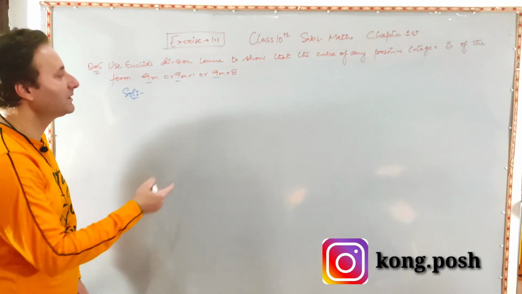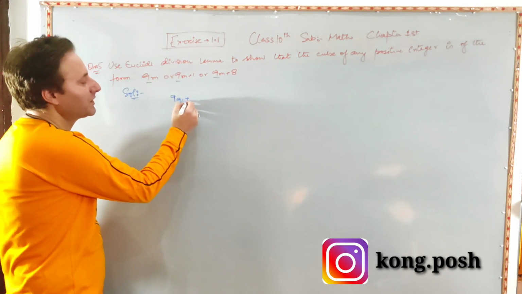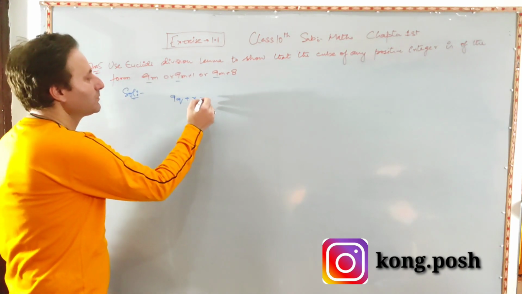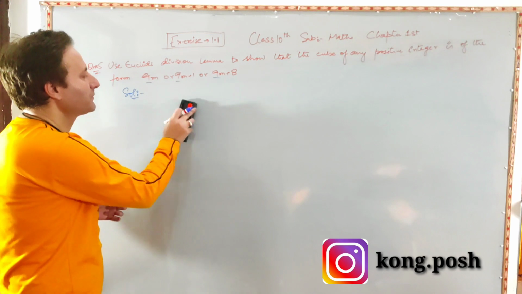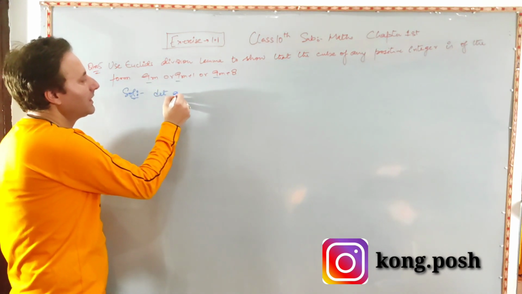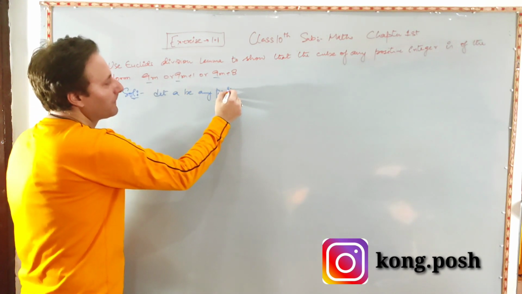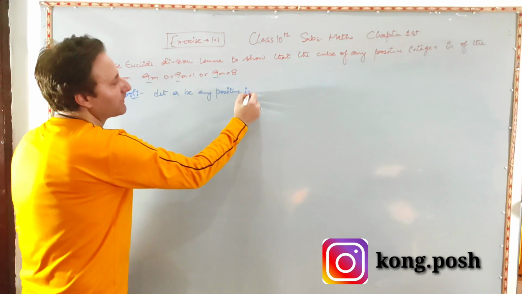So if you remember in my previous questions, we used to get an equation 9q plus r. I'll just solve it for you so that it will be easier. Let a be any positive integer.